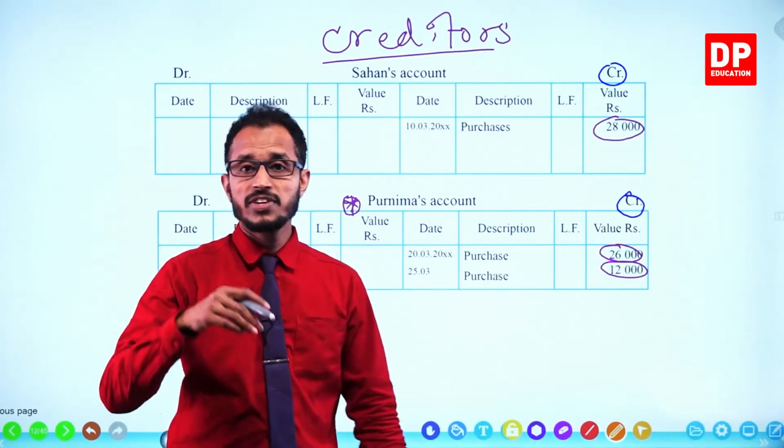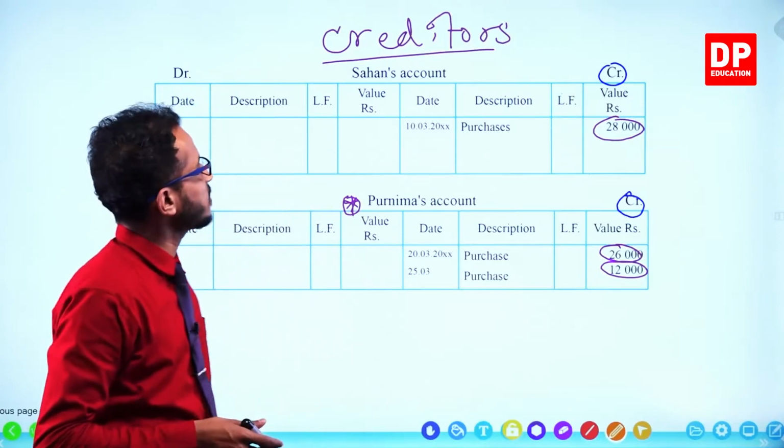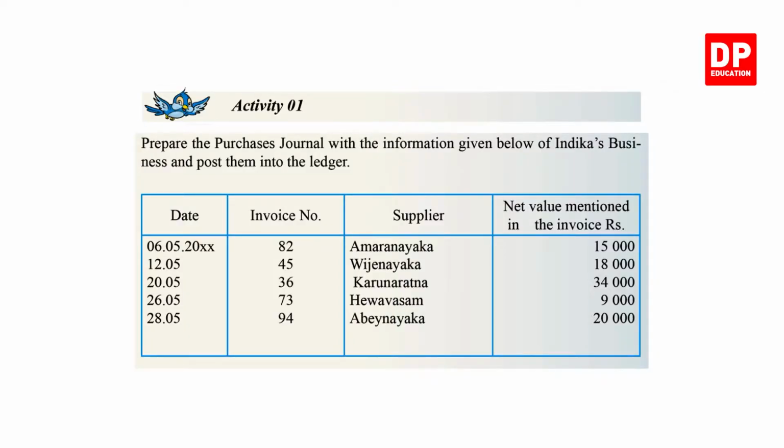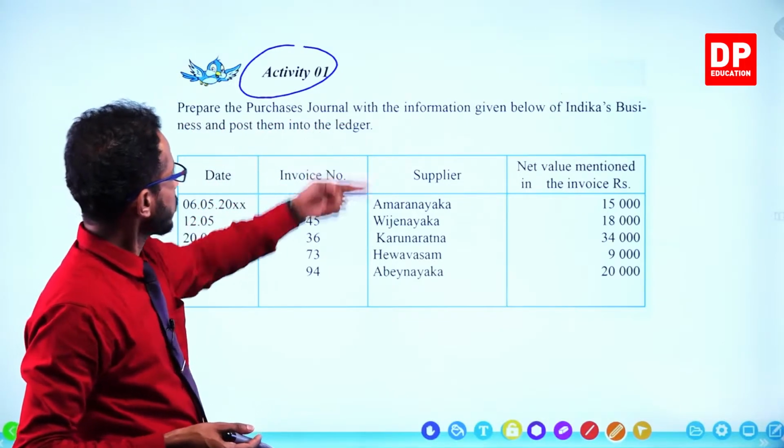But before we go to the next journal, we have an activity. This is activity number 1 in the textbook. Shall we try this out? Okay, we'll try it out. Activity number 1. Prepare the purchases journal with the information given below of Indika's business and post them into the ledger. We have to prepare the purchases journal.